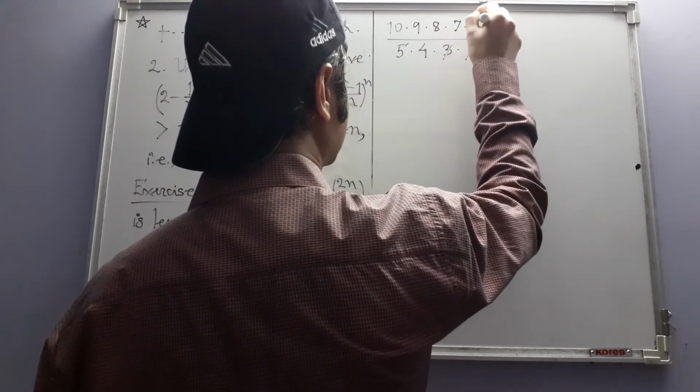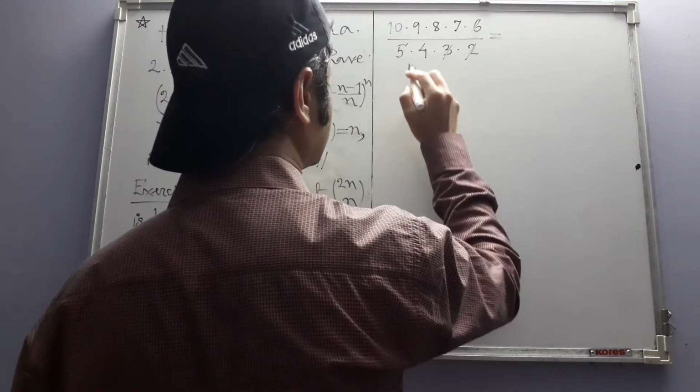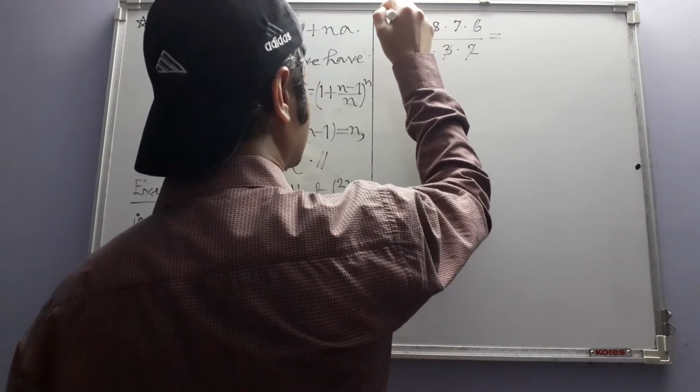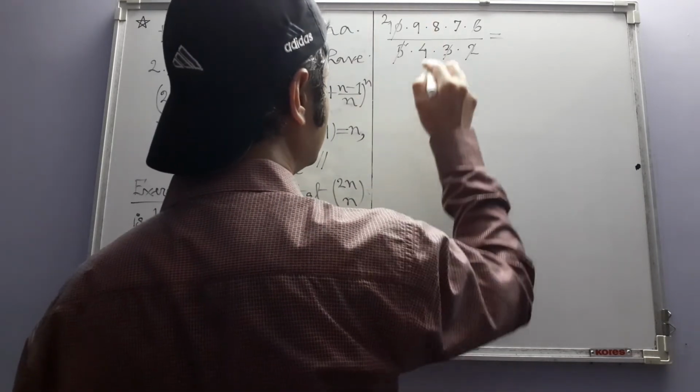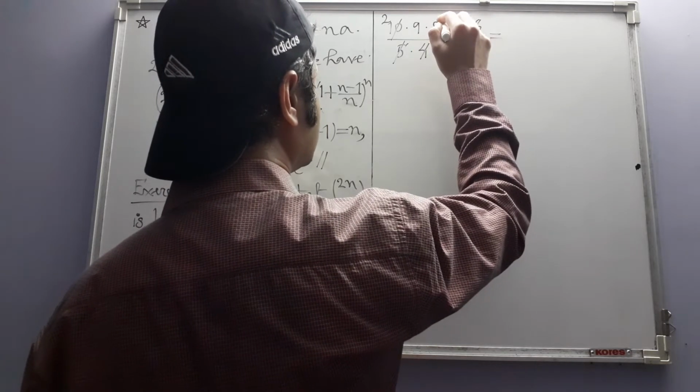So 3 and 2 get cancelled out with 6. This is 2. This is 2.